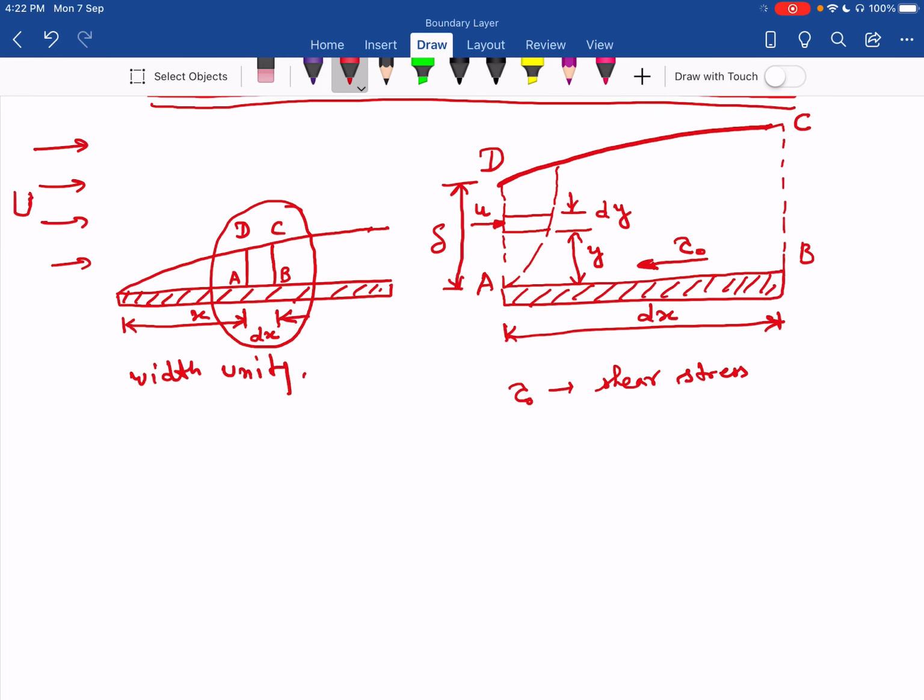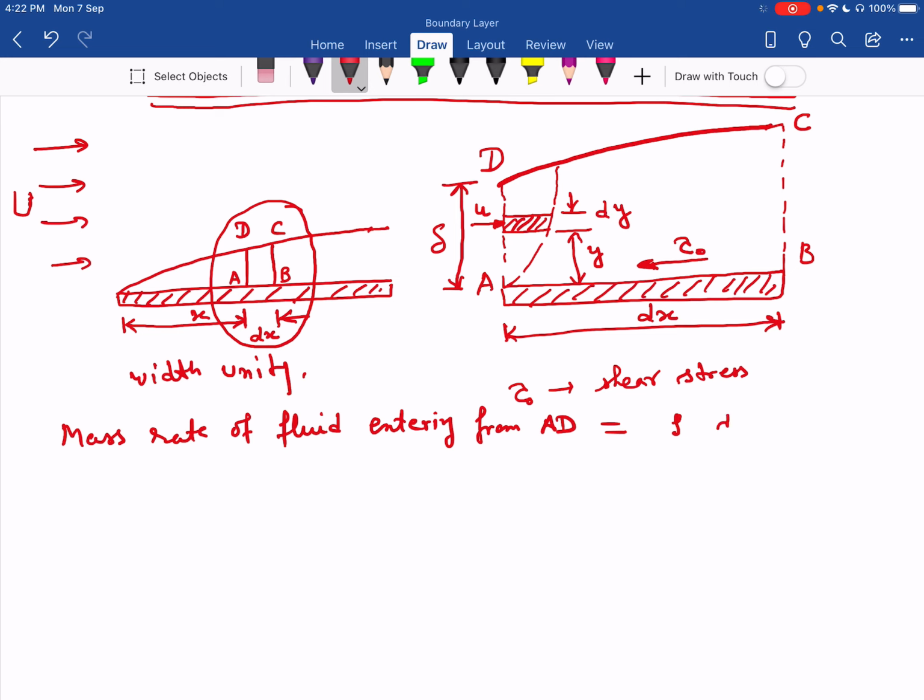Now I try to write the mass rate of fluid entering from AD. Okay, so that is equal to, through small strip, this is the small strip you have. The mass entry is rho area into velocity. So that is rho, density of the flowing fluid.